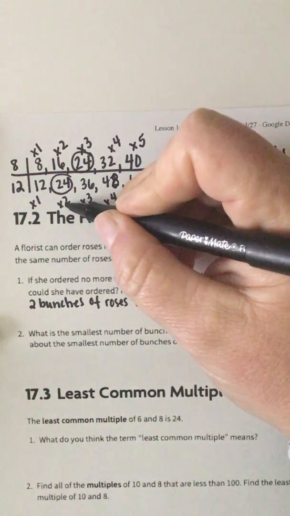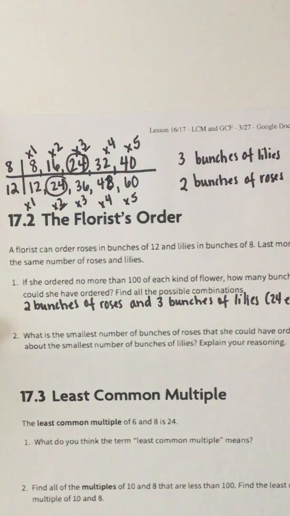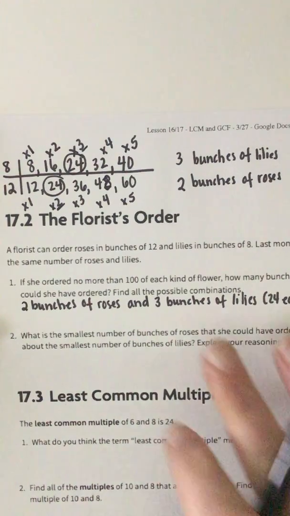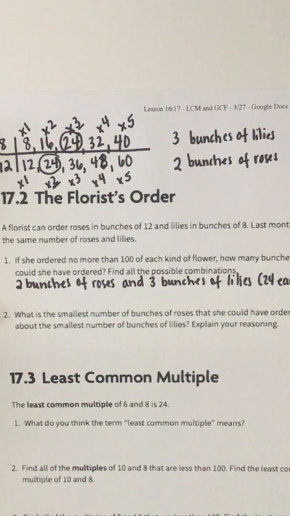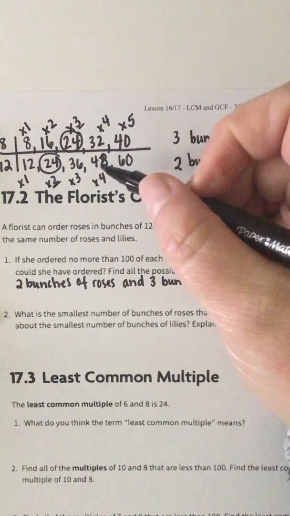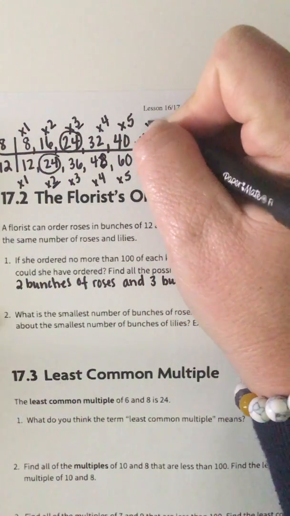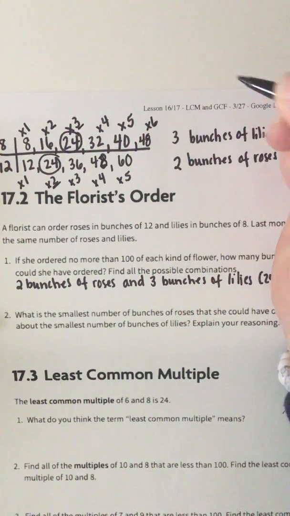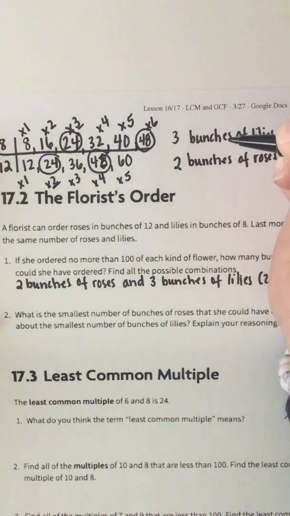Okay, because we're using the number that we're multiplying those numbers by in order to find out how the bunches work. All right, so then we could also do 4 bunches of roses and 6 bunches of lilies, because if we do one more number here, we have 48, which is times 6. All right, and then our next multiple would be 48.